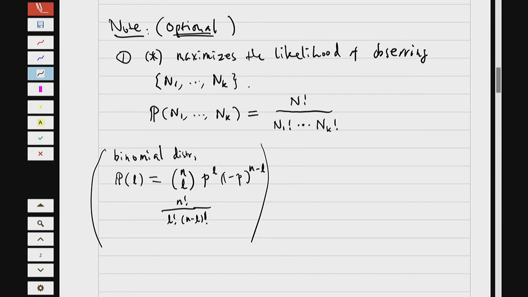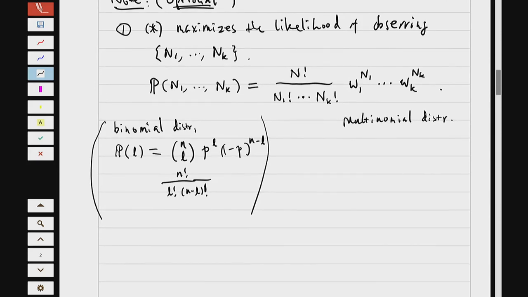Then w1, the probability that you're in bin 1, raised to the n1 power because that's how many points fall in there, and so on up to wk to the nk. You can see, comparing these two, that this so-called multinomial distribution is a very clear extension of the binomial distribution you've already seen, just that we have a general k rather than just 2.